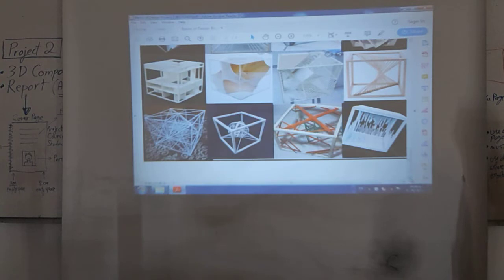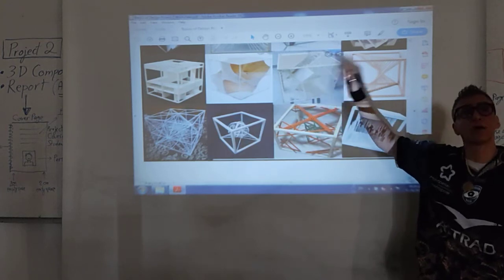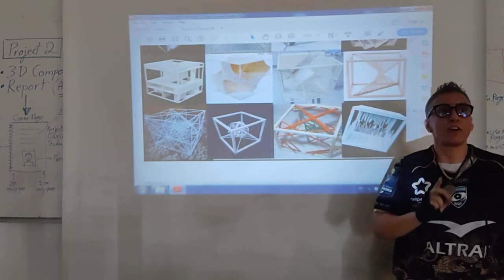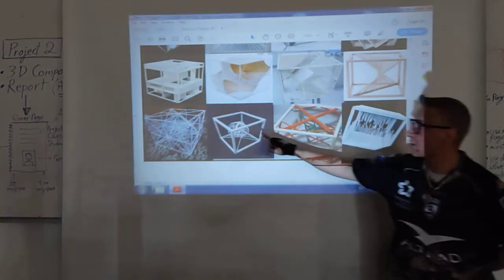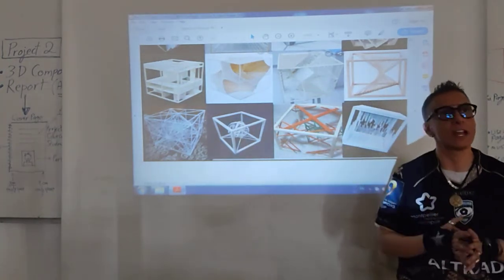So, what you will do inside, it's up to you. But, again, I will stress one important thing. It must be abstract. So, look at this, for example, it's abstract. We don't see anything representational from our daily life.